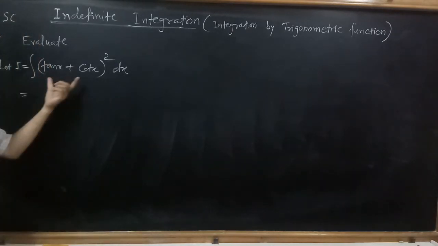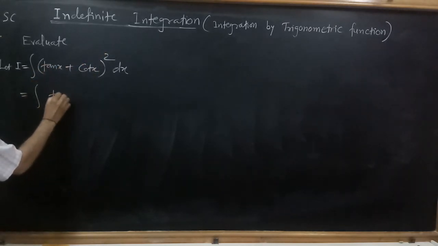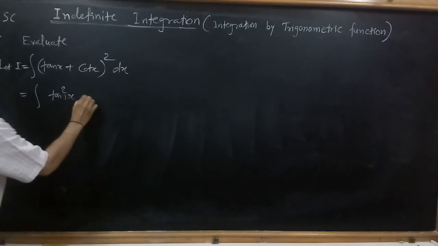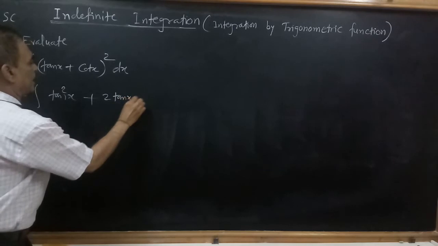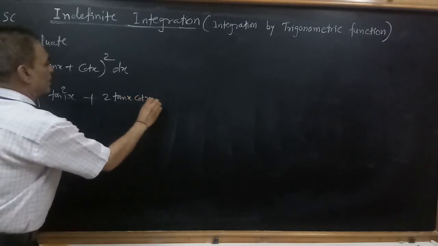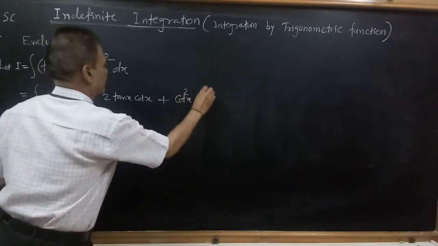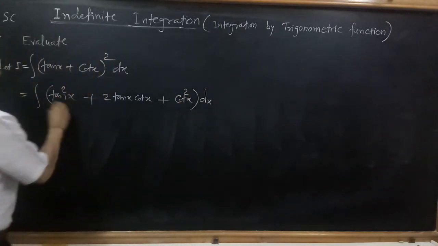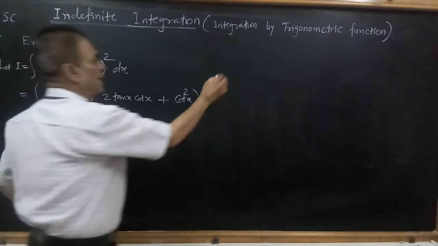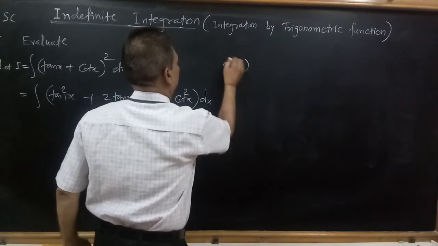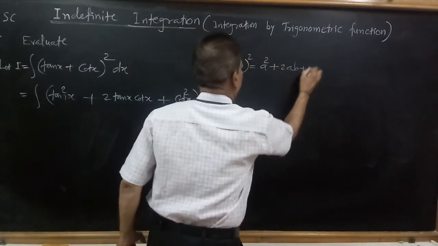You know the expansion of (a plus b) whole square: the first term tan square x, then 2 times tan x cot x, plus cot square x, dx. I am expanding this bracket by using the formula (a plus b) square, which you already know is a square plus 2ab plus b square.